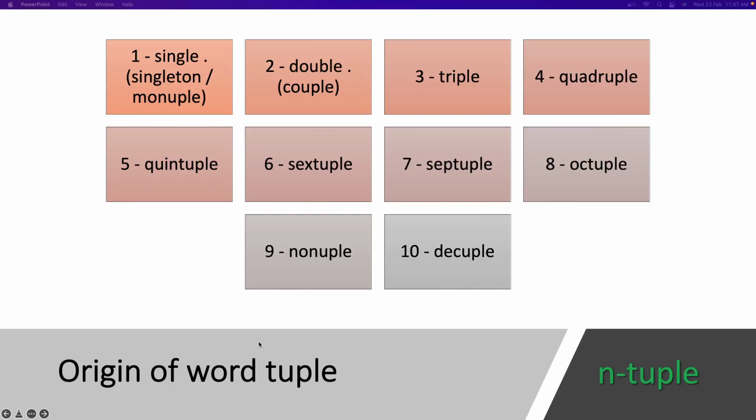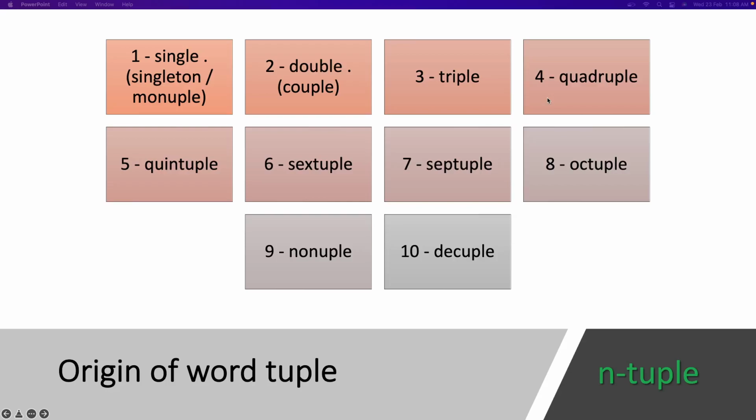And see, the origin of the word tuple came from multiple. If you have a single item, we call it a singleton or monople. If you have two items, we call it a couple or double. Three items, we call it a triple.